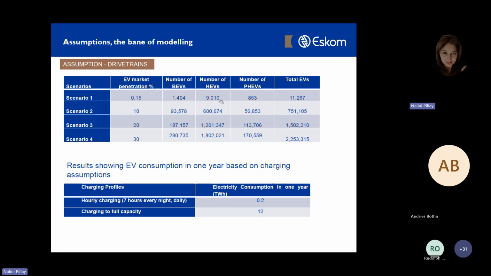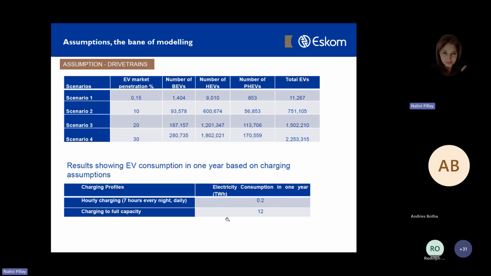And you'll find that for different scenarios of 0.15%, which is our current situation, or 10%, 20%, or 30% EV market penetration, the numbers that we're dealing with are vastly different to what we think we're going to expect if we had a cumulative or a summation of all of the different drivetrains.